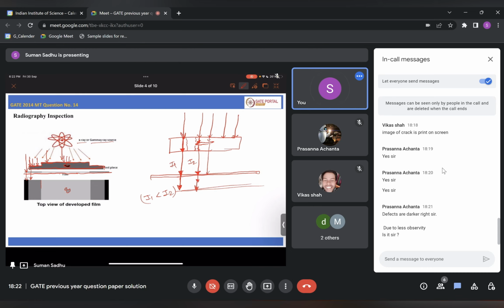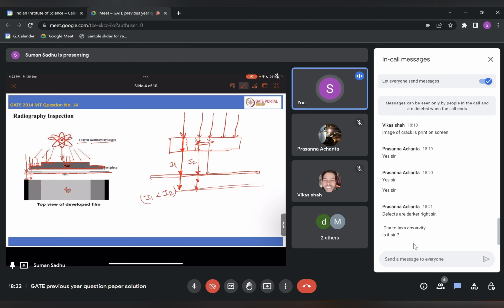So this way you can identify the presence of any internal crack. Even a surface crack or a subsurface crack can be found, because it works on the principle of the absorption of the X-ray or gamma ray by the material, right? So yes, defects are darker because absorption will be less in that region.